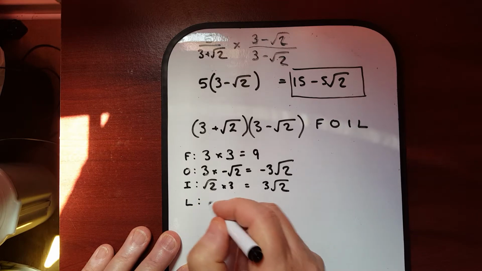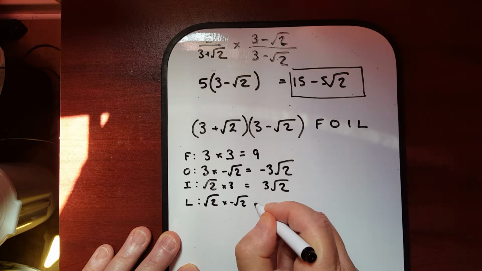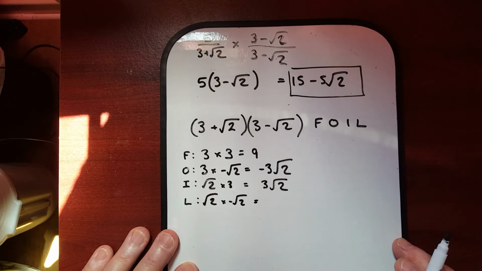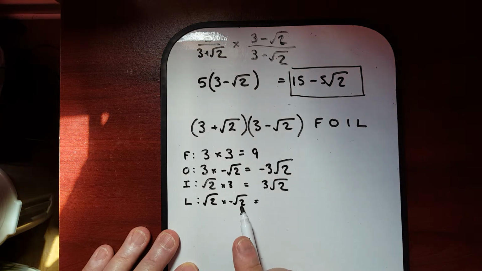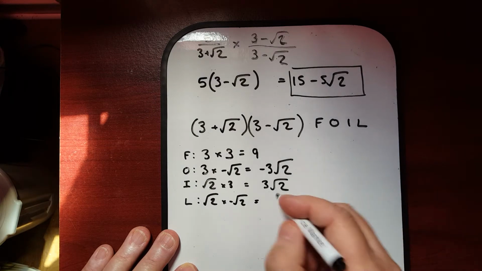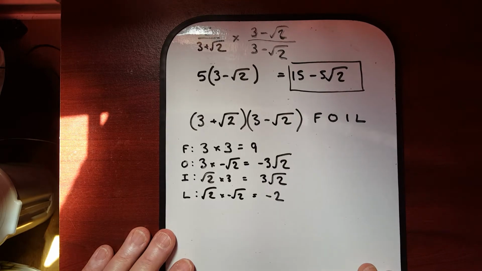And the last, that's going to be square root of 2 times minus the square root of 2. Now remember what we said before. If this was both plus ones, the root of 2 times the root of 2 would be 2. If it's the root of 2 times minus the root of 2, then it's going to be minus 2. It's the same rule, just with a minus on it.